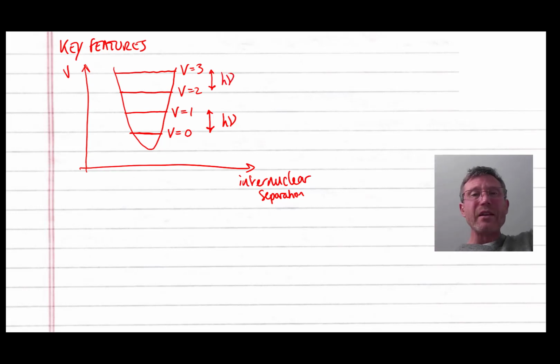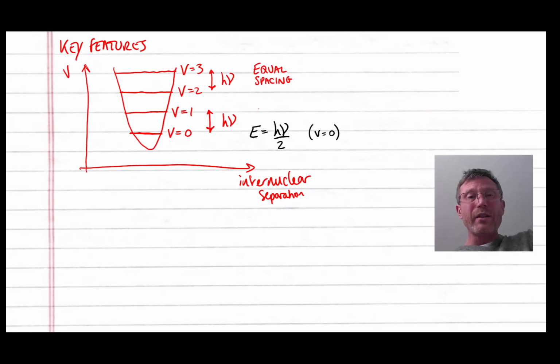So we'll say that this is equal spacing. And we can start to write down some of these values. For example, here we have E is equal to h nu over 2, and that's the situation where V equals 0.